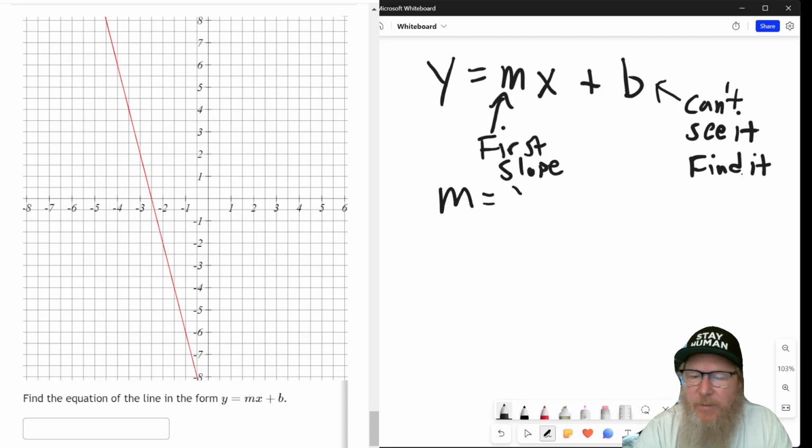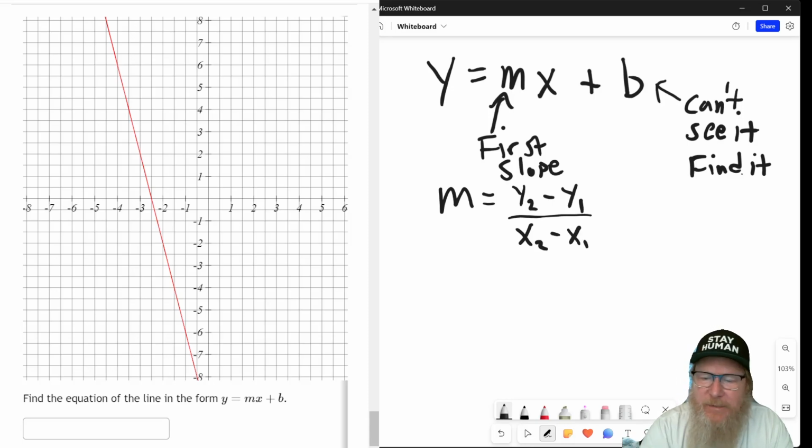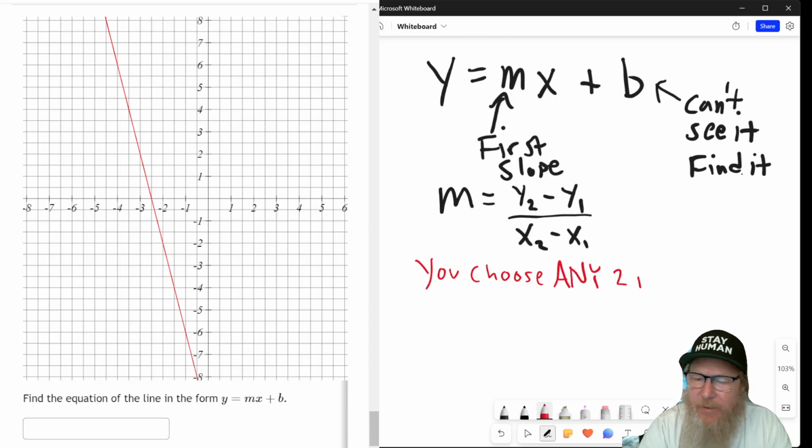You probably have this formula memorized by now. I certainly hope so. y2 minus y1 over x2 minus x1. And you get to choose which 2 points. You can choose literally any 2 points on the graph.